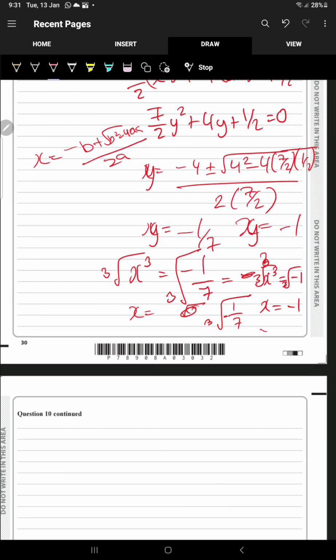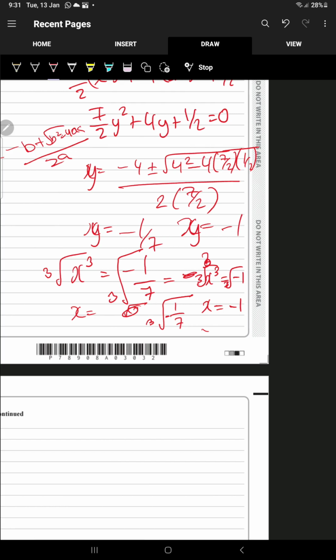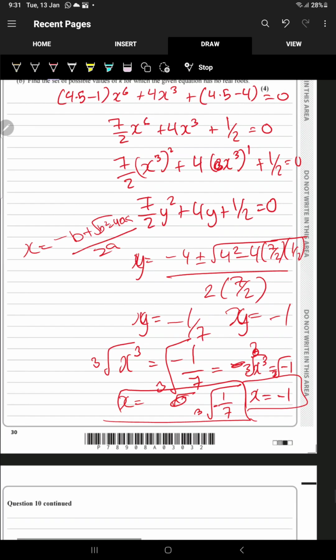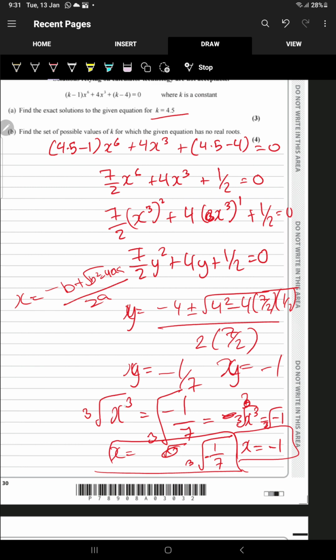We basically set it equal to the lowest power, x is equal to 3, the inside of the bracket, and we put the y values here, and we find the value of x.